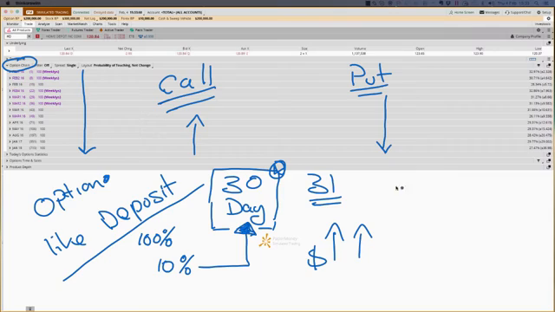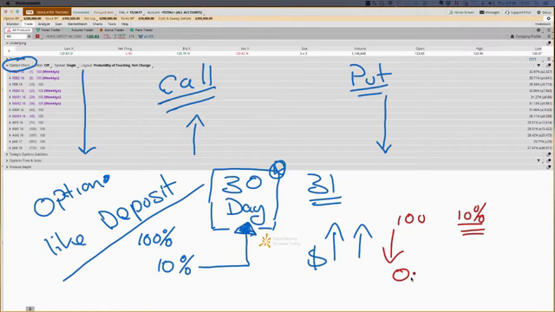If the stock declines, and let's just use a drastic example, let's say it's a $100 stock, and it goes to zero, then because I've only put a deposit down, and I might have, say, used a 10% deposit, just as an example, I only lose my deposit.